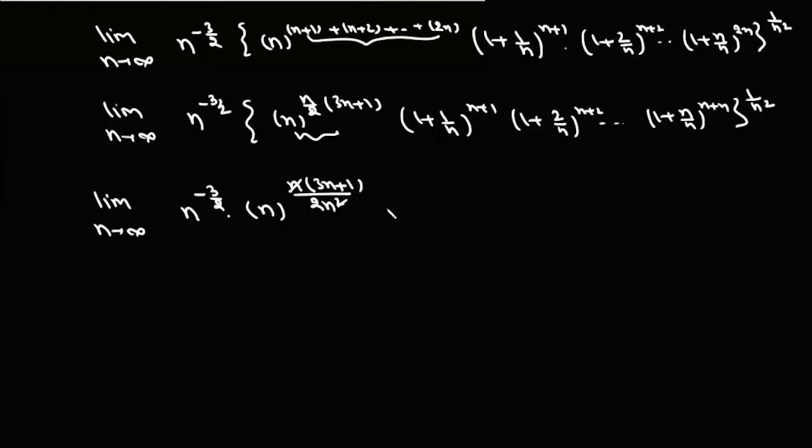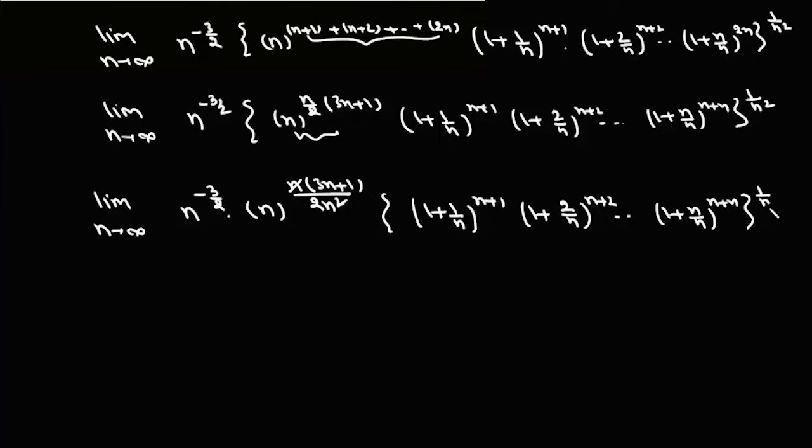So this n and n will cancel, and then we'll have 1 plus 1 by n to the power n plus 1, 1 plus 2 by n to the power n plus 2, up to 1 plus n by n to the power n plus n, whole to the power 1 upon n square.